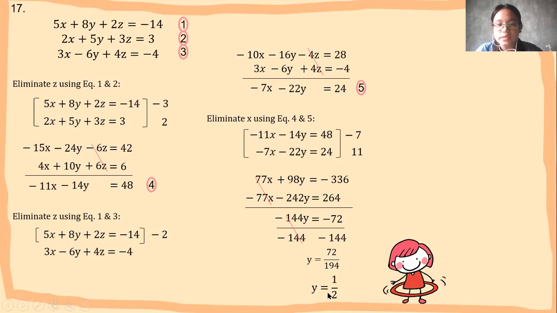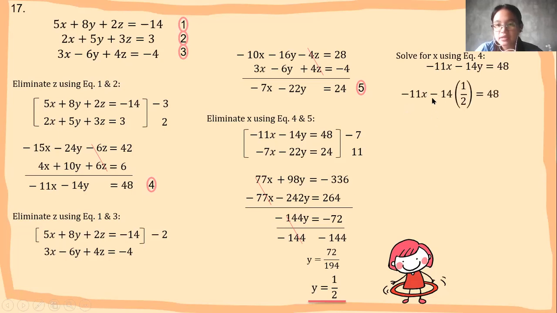So next, let's solve for the x using the equation number 4 and the substitution method. So we will substitute our value of y into the equation number 4. So we have negative 11x minus 14y is equal to 48.